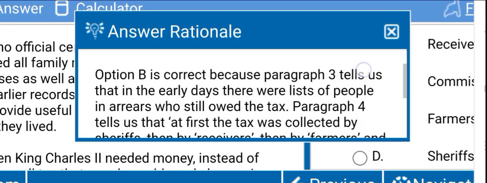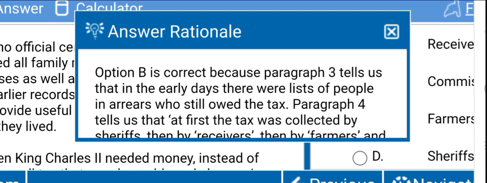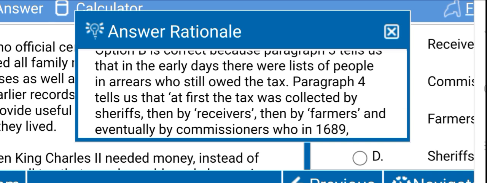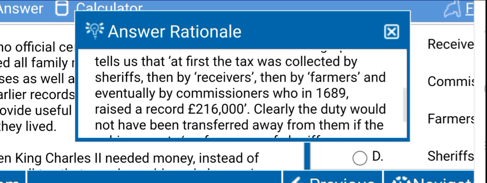So option B is correct because paragraph 3 tells us that in the early days there were lists of people in areas who still owed the tax. Paragraph 4 tells us that at first the tax was collected by sheriffs, then by receivers, then by farmers, and eventually by commissioners who in 1689 raised a record 16,000 pounds.